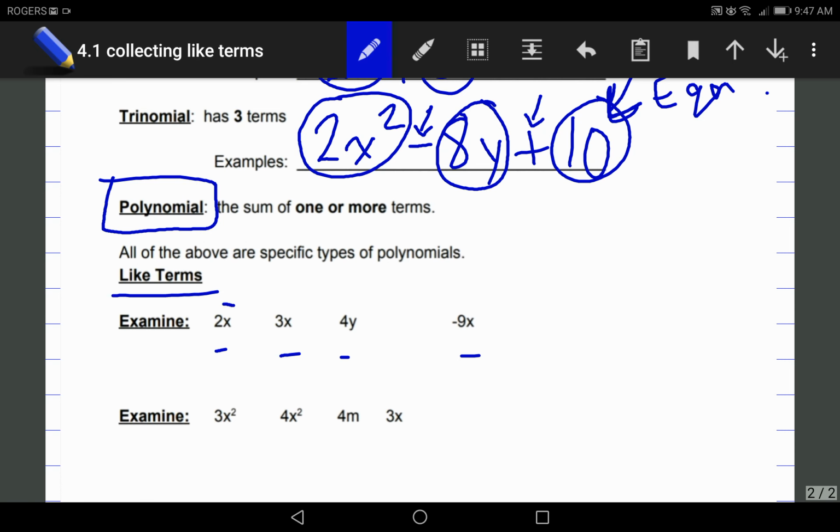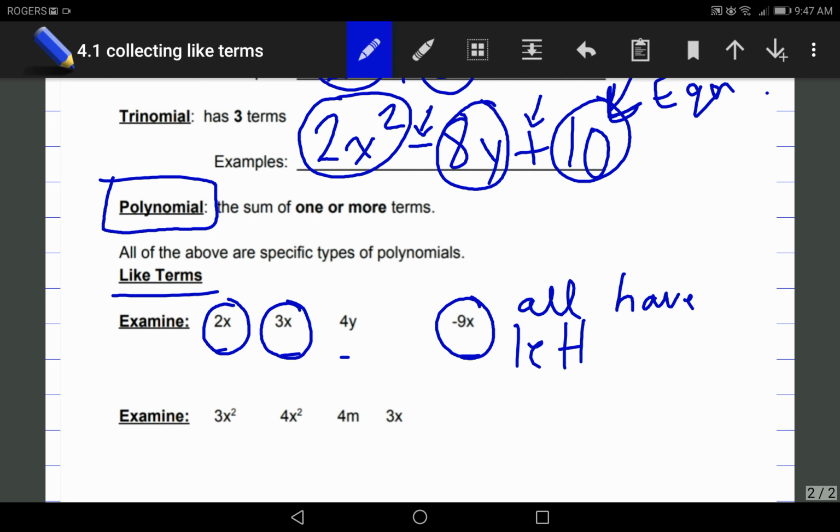So this, and this, they all have the letter x. That makes them like terms. Okay? The 4y is not a like term with the others.